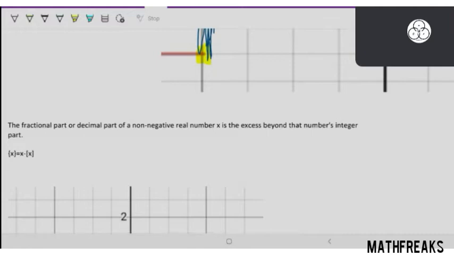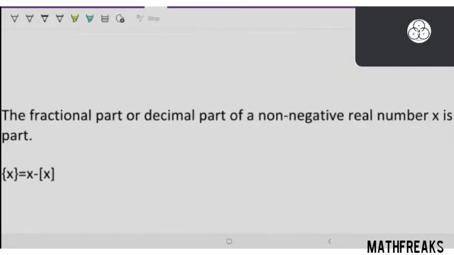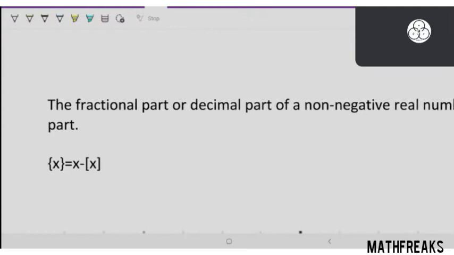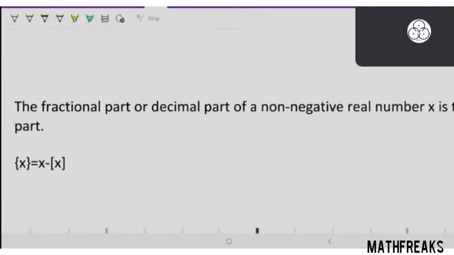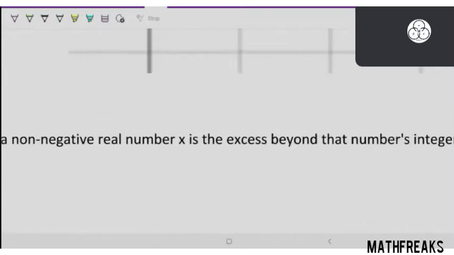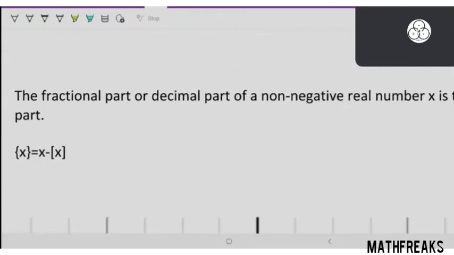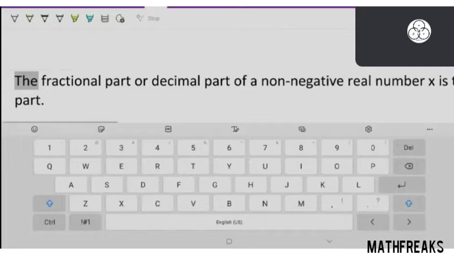It's hardly visible. The fractional part or decimal part, let me make it more elaborate. The fractional part or decimal part of a non-negative real number x. Wrong definition.